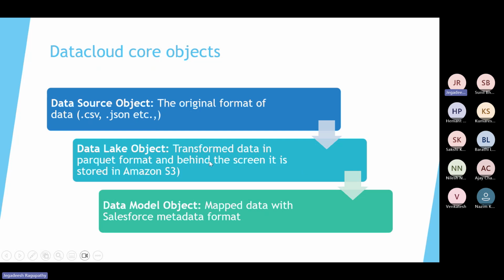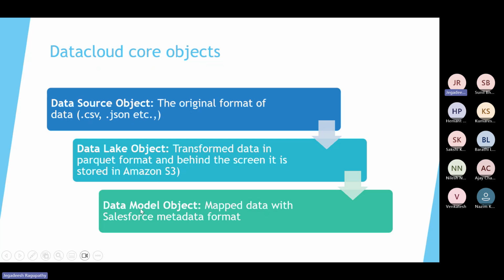I say that it is not human readable. Anything inside the lake object you cannot read, so you should transform it to a human readable format. Then only will you be able to use it, right?